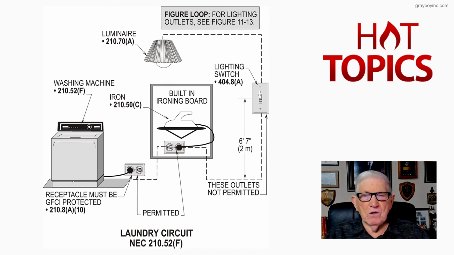But notice you could also have a gas dryer, for example, and have a 120 volt outlet there connecting the gas dryer, and that also could be supplied by this small appliance circuit because that's part of the area being served by the small appliance circuit, but not a lighting outlet or other outlets that are not used for laundry purposes. And basically that's what the NEC 210.52F is illustrating to the user of the NEC.